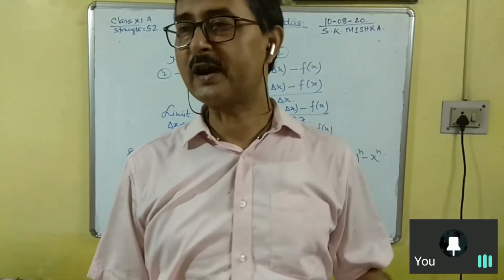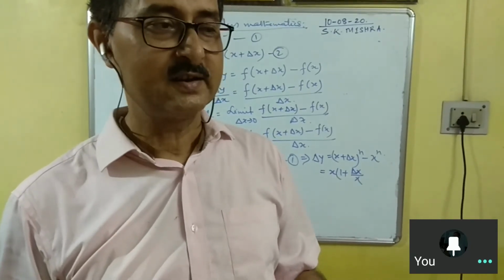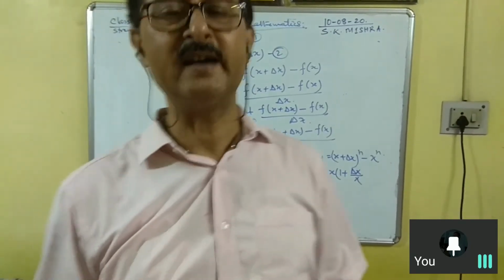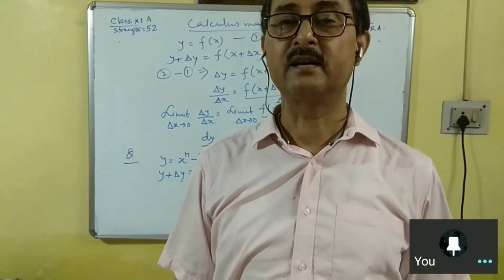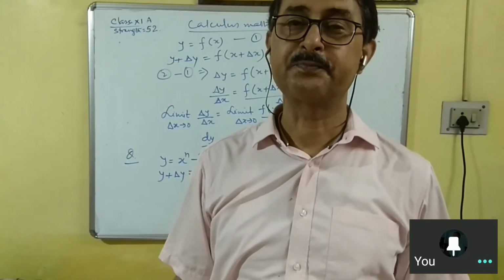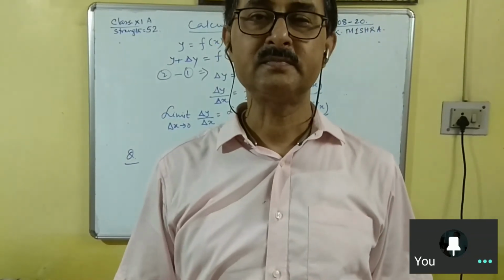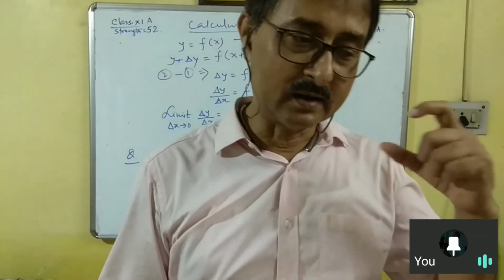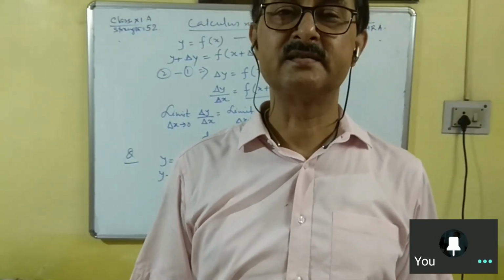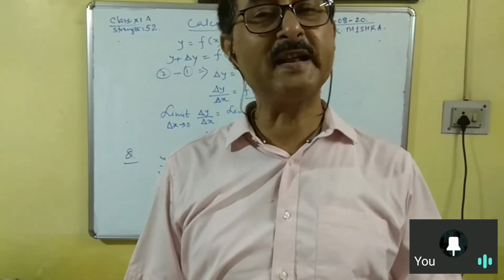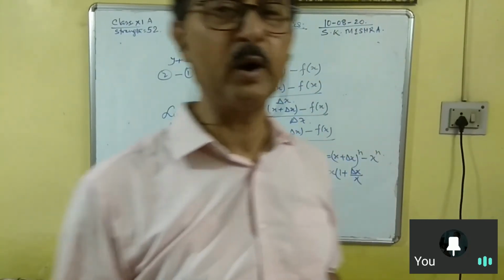Suppose you are driving a bike and your bike covers a distance in 1 millisecond. Think how much distance it will cover in 1 millisecond or 1 microsecond. That distance is called dx. But in 1 second, the distance covered is called del x. So this is the difference between del x and dx. D is for infinitesimally small. Okay.